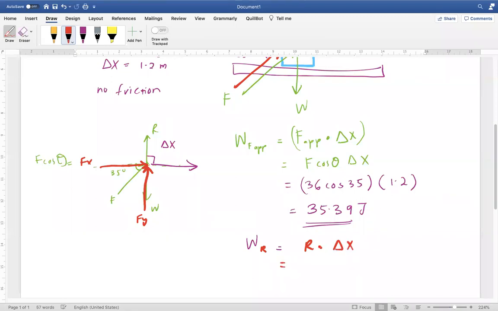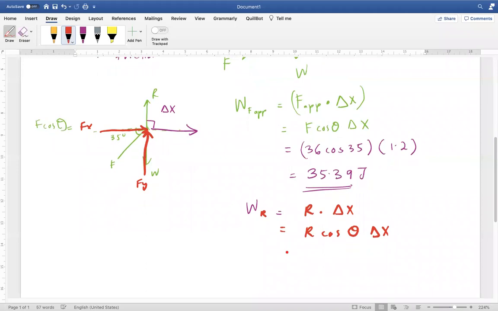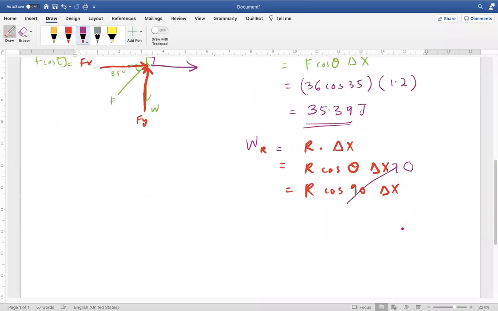Expanding this equation, F R cosine delta x. The angle between these two is 90 degrees. Substituting cosine 90, you still get zero. Thank you. Okay, next.